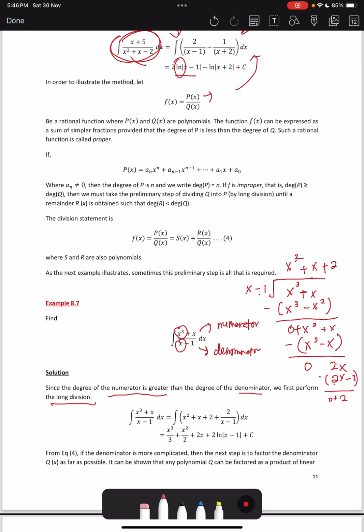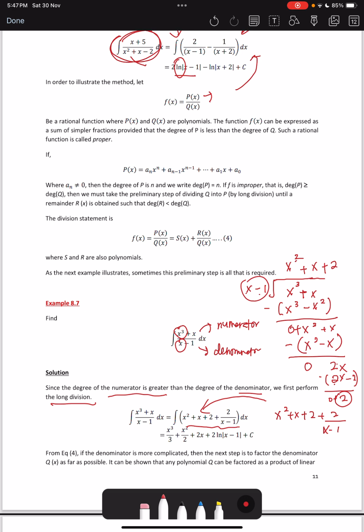So the answer will be x power of 2 plus x plus 2, plus 2 divided by x minus 1. That's how I get this terminology.